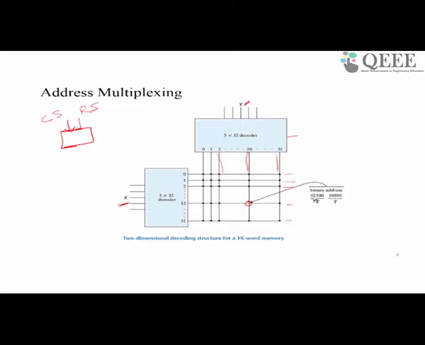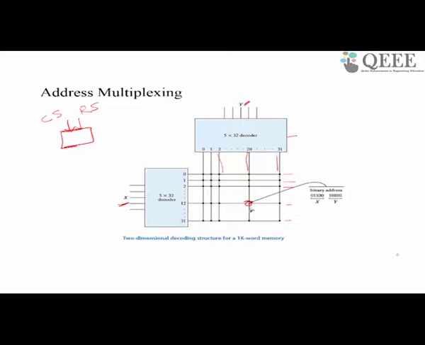For example, if X is of this value and Y is of this value, the 12th row and the 20th column is selected, and only this bit cell will be selected. So in this bit cell, now you can perform a read or write operation.